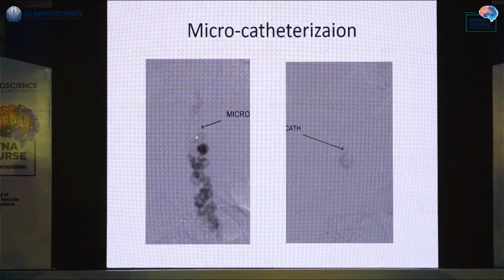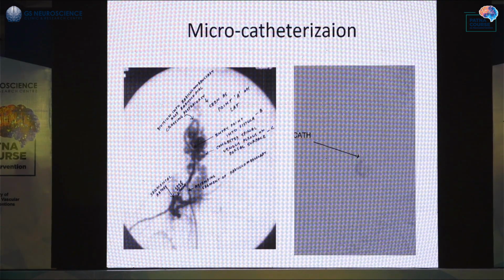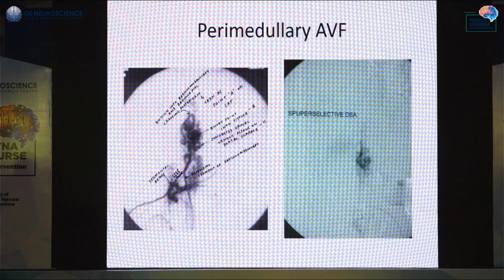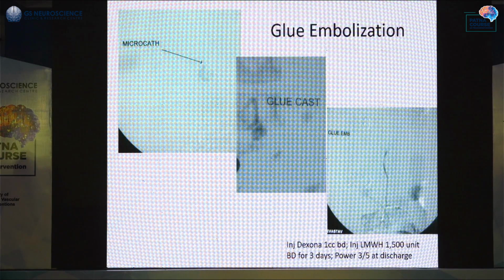Now the microcatheter is more advanced, just near this venous aneurysm or venous pouch. This is the entry point of the fistula, and our microcatheter is just at the entry point of the fistula. So this is the microcatheter injection.